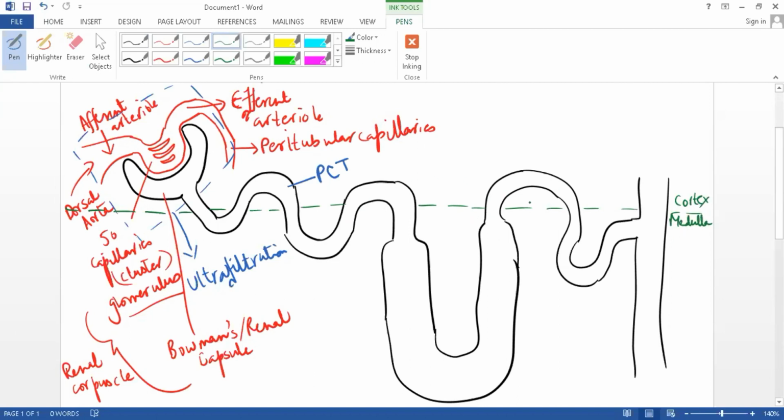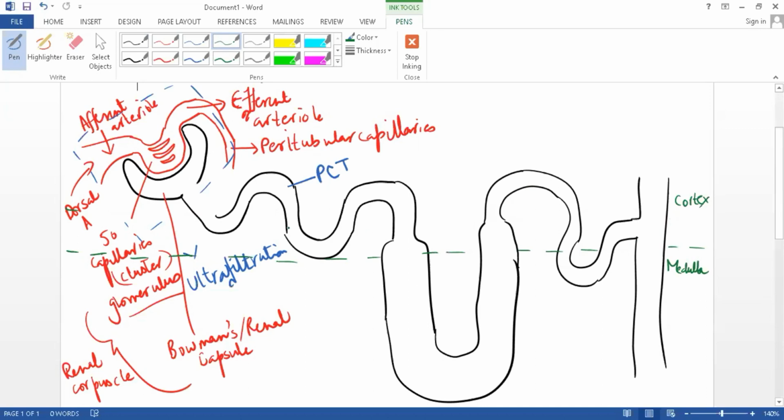Mostly the distal and the proximal convoluted tubule are in the cortex, and the loop of Henle is mostly in the medulla region.